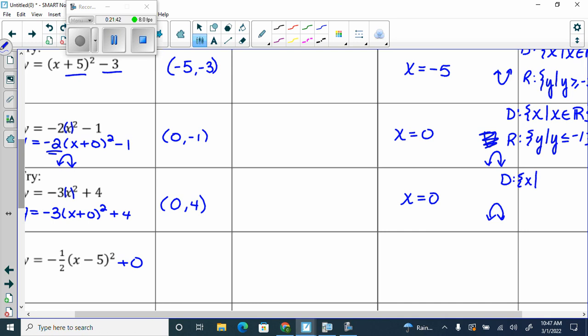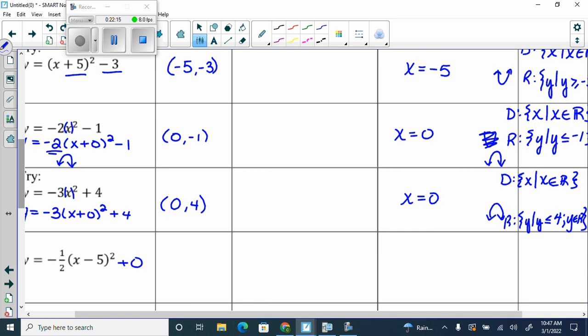X such that x is an element of the reals. And my range? Y such that y is less than or equal to 0. What's my y on that one? You're looking at the one below it. What's my y on this one? 4.